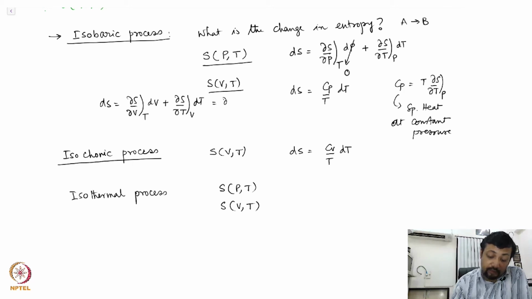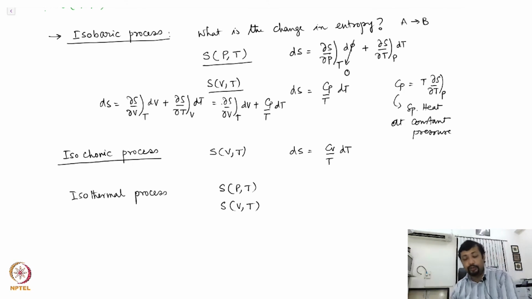This is equal to del S del V, temperature constant, dV plus Cp by T dT. Please note that your dV is non-zero because your pressure is held constant but not the volume, and you have to somehow manipulate this derivative. We will do it later on once we have introduced Maxwell's relations and so on and so forth.